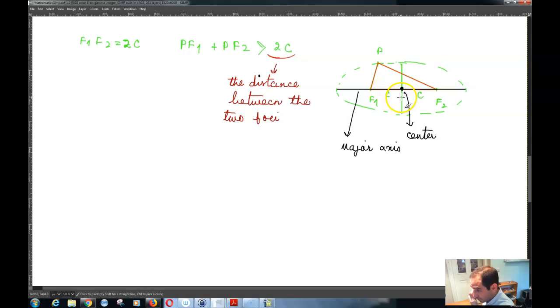Basically the major axis is, by definition, the axis on which the two foci lie. Whichever axis the two foci lie on, that axis is called the major axis. And of course the other axis, which is perpendicular to the major axis, this axis over here, is called the minor axis.